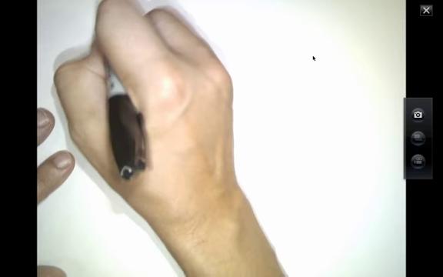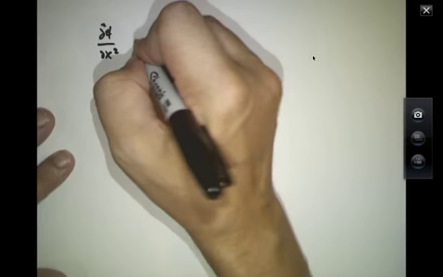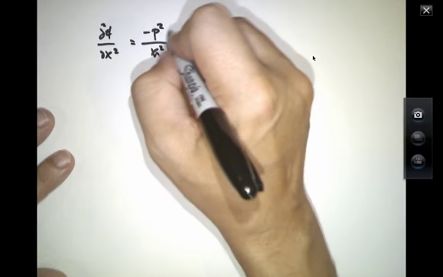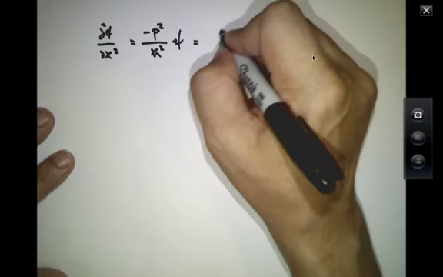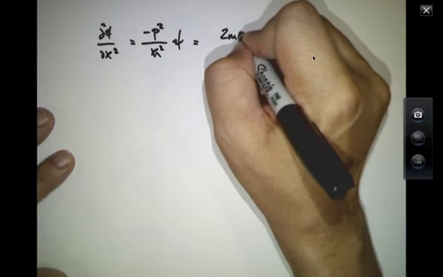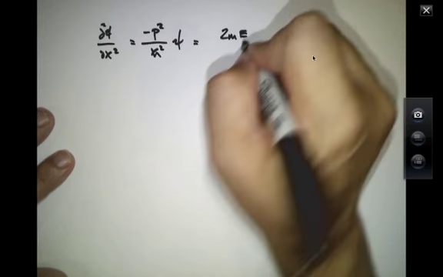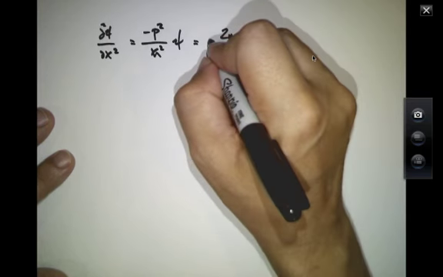In other words, the second derivative with respect to x is minus p squared over h bar squared times psi. Well, I'm going to rewrite what p squared is. P squared is 2m times E, at least for a free particle.